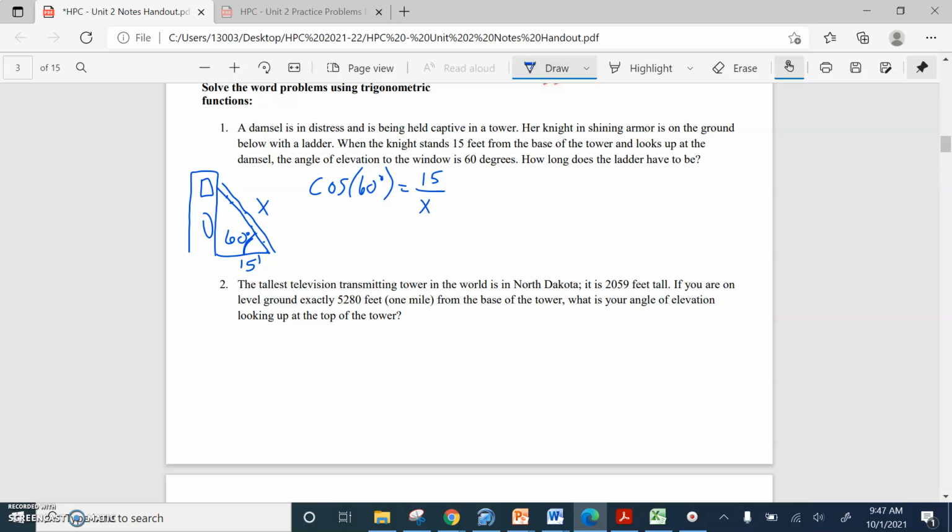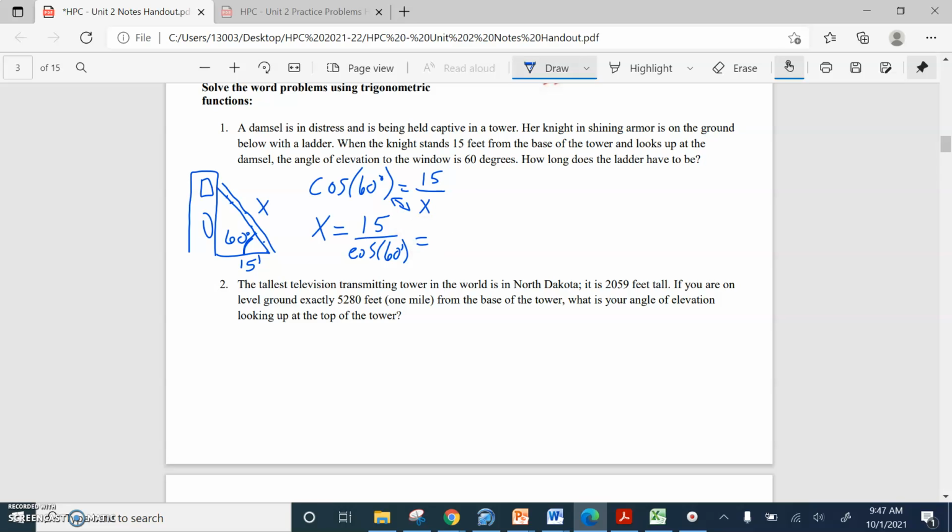But really what you're doing is just simply flip-flopping those two spots. So I'm going to do that. X equals 15 divided by cosine 60. There it is. That shouldn't be there. It's supposed to be a degree symbol.